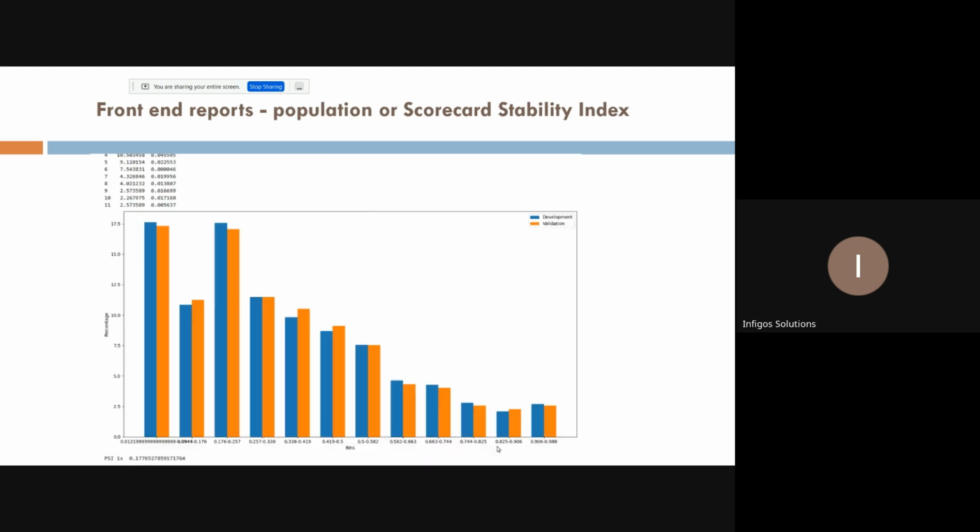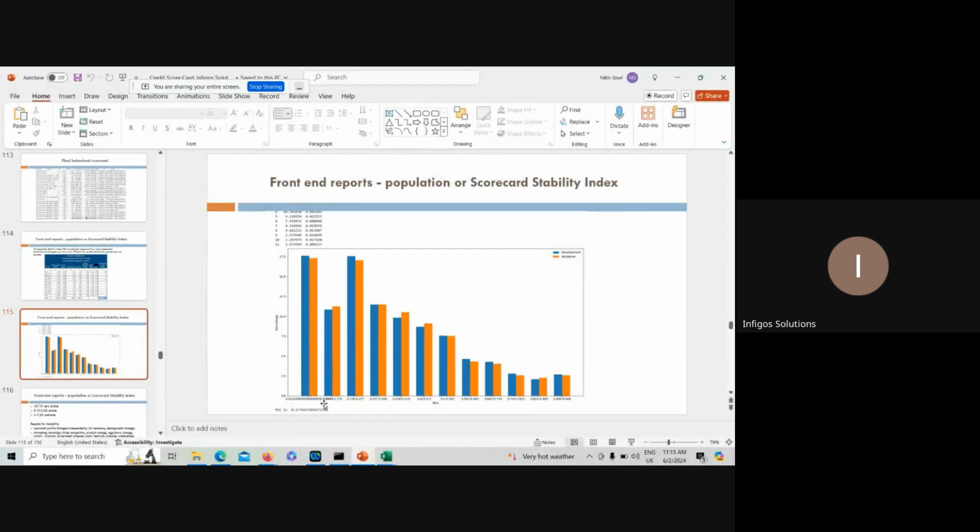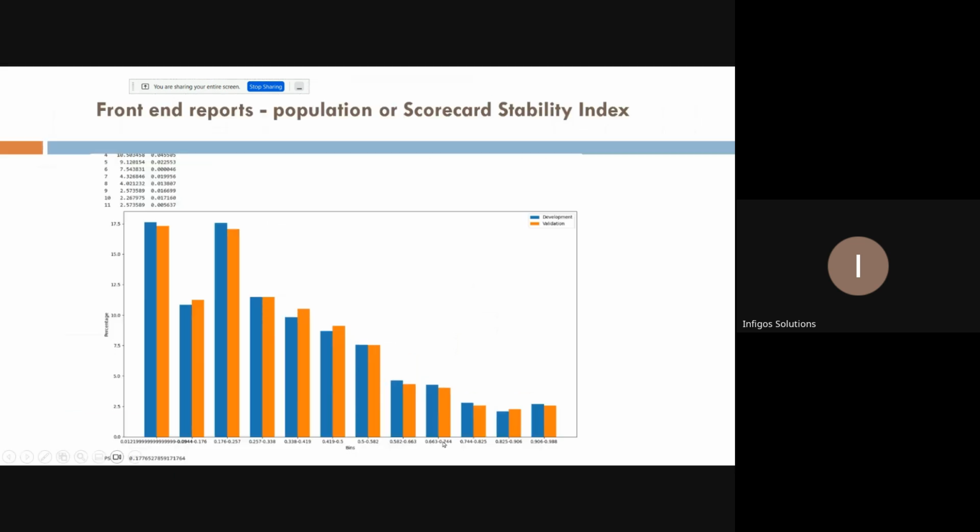In our case, we had done this calculation. We got a 0.17 value for the PSI, and this is our map for different categories. I had done it for probability, because probability is also a score.